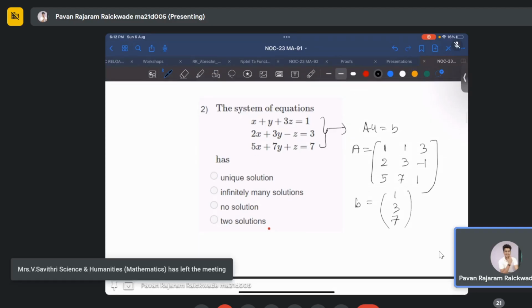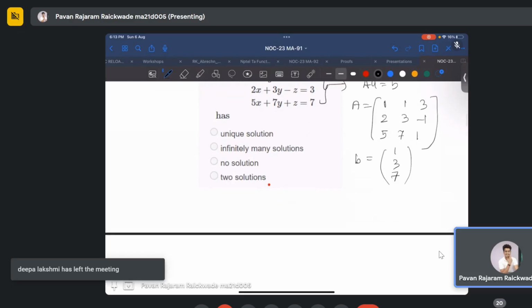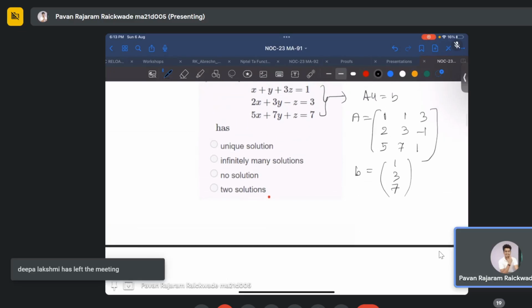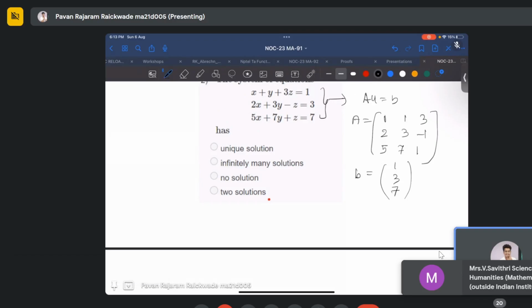You have to see whether the system has a solution or no solution. First thing, of course, is whether the system is consistent or not. If it is consistent, then we'll see how many solutions it has. If not, then there is no solution.